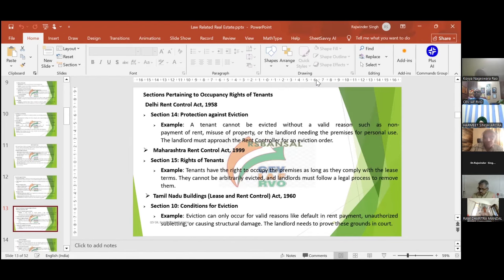Bank can only have rent from the tenants. They cannot force the tenants to evict the building. And the bank cannot sell that property forcefully. So you will be in trouble at that time.